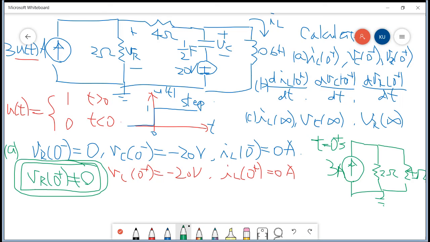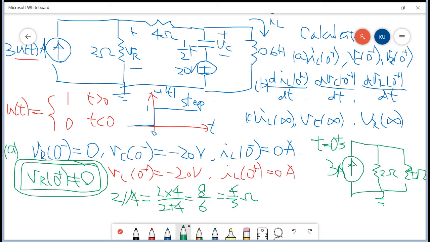Which means that the resistance is actually 2 parallel 4, which is 2 times 4 over 2 plus 4, which is 8 over 6, which is 4 over 3 ohm.